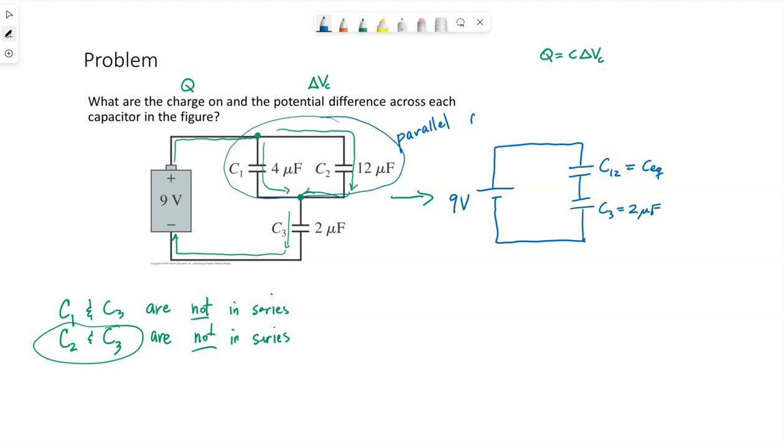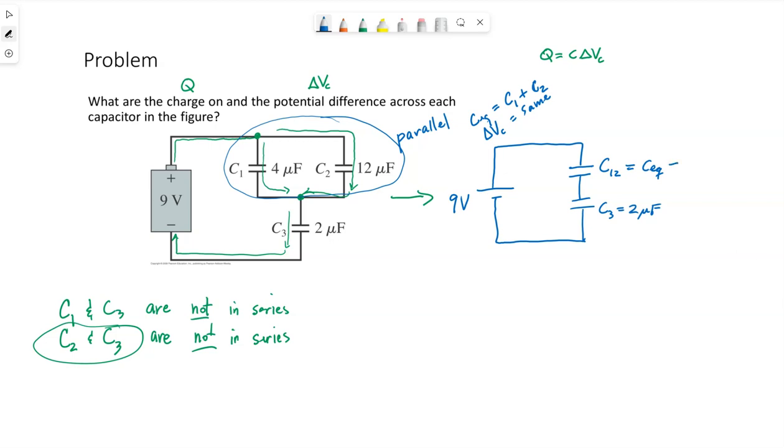In parallel, we know C equivalent is C1 plus C2. We only have 2 of them in parallel, so we only need to add the 2 of them. The other thing we know about parallel connections is that delta V across those capacitors has to be the same. And it has to be the same as their equivalent.